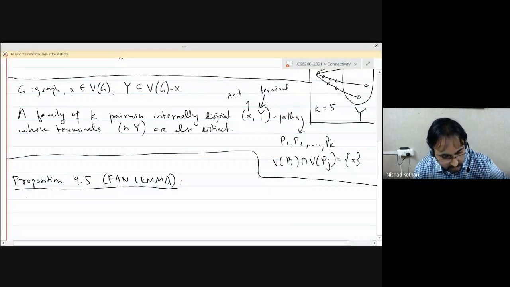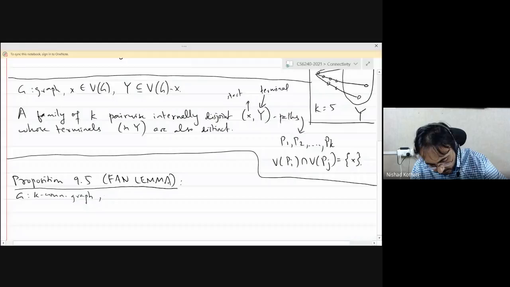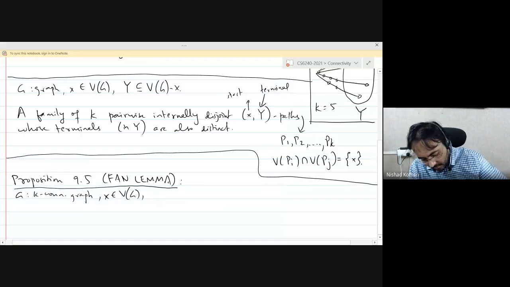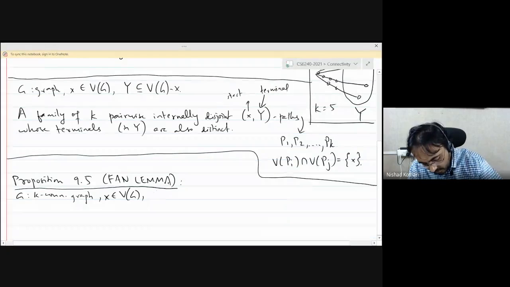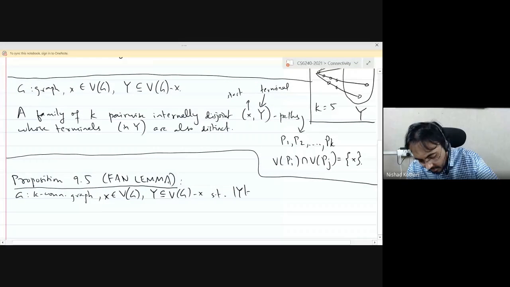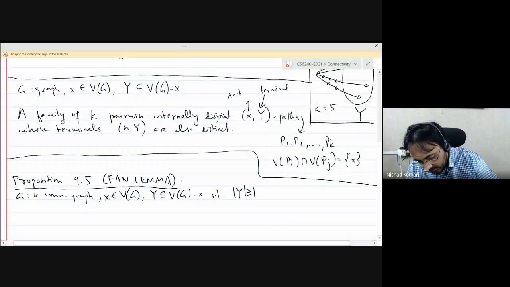So it's the same setup. G is a k connected graph. X is any specified vertex. And we've got a set Y of size, sorry, at least k.